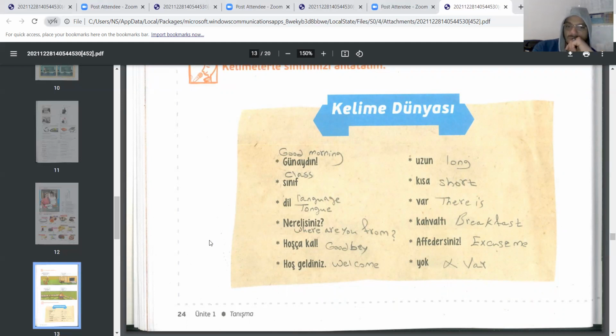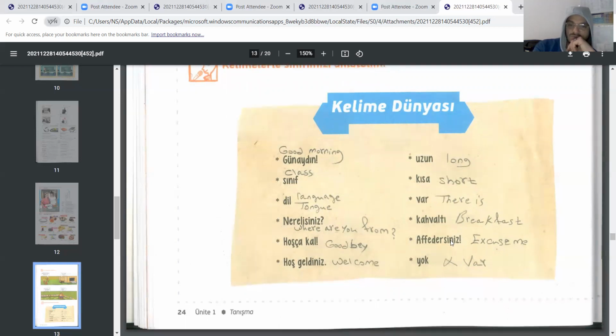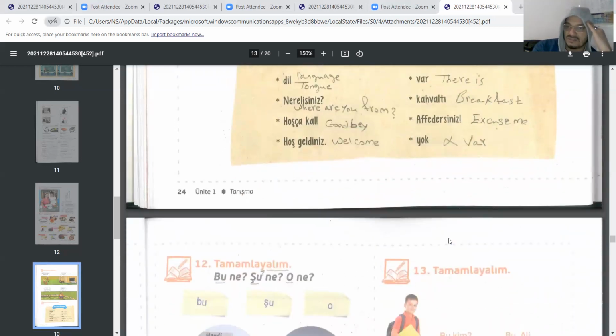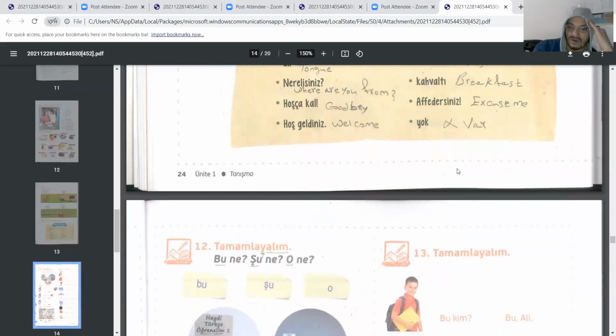Neredesiniz? Where are you from? Hoşça kal, goodbye. Hoş geldiniz, welcome. Uzun, long, kısa, short. Var, there is. Kahvaltı, breakfast. Affedersiniz, excuse me, yok. That means the reverse or opposite meaning of var.